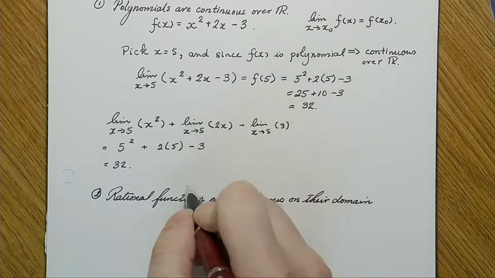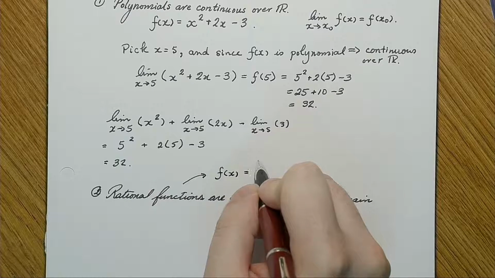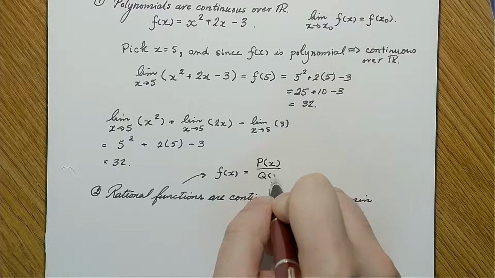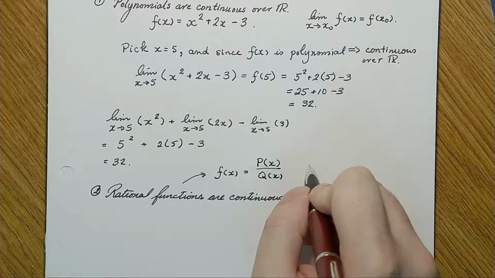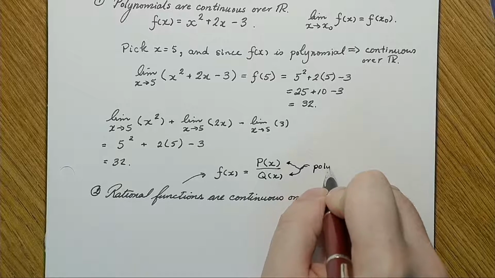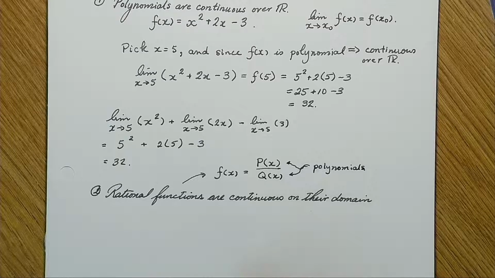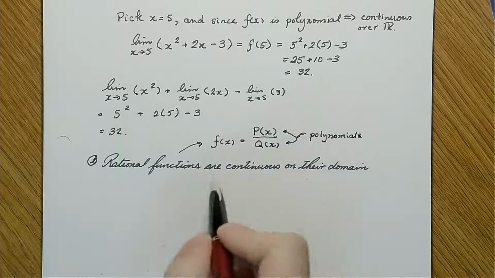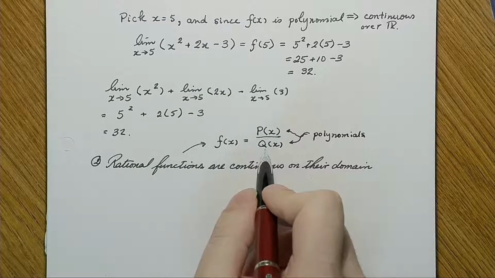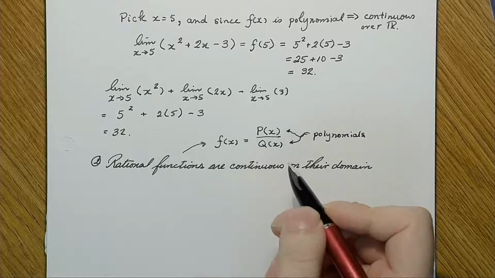That usually means it's some sort of function where I have a polynomial over another polynomial. So these are polynomials. And from our previous lectures, we had seen that they're continuous on their domain, meaning that their domain is defined where q is not equal to 0.